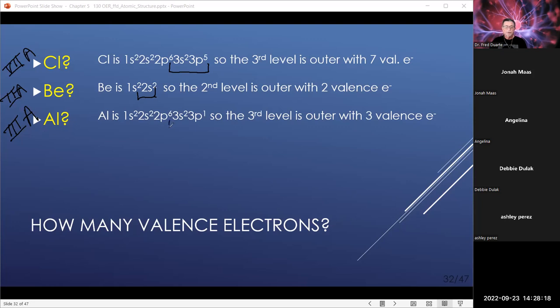Those 3 valence electrons, 2 of them are in the S, and 1 of them is in the P orbital of the 3rd energy level. All right, and so the driving force here, guess what, is for aluminum, by losing those 3 electrons, the next energy level in the new valence shell is the 2nd energy level, which has 8 electrons around it.